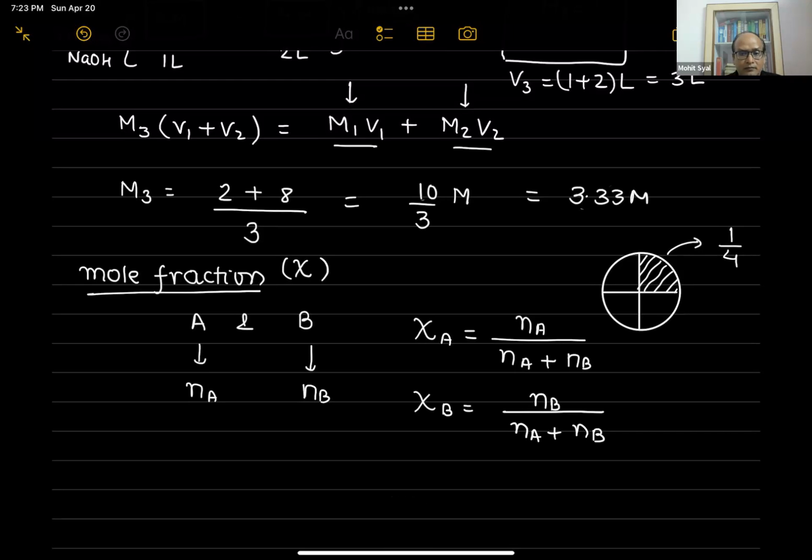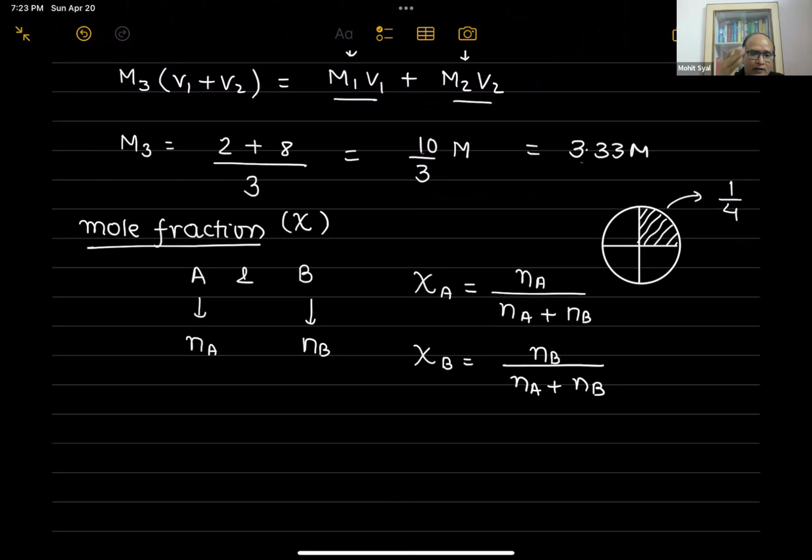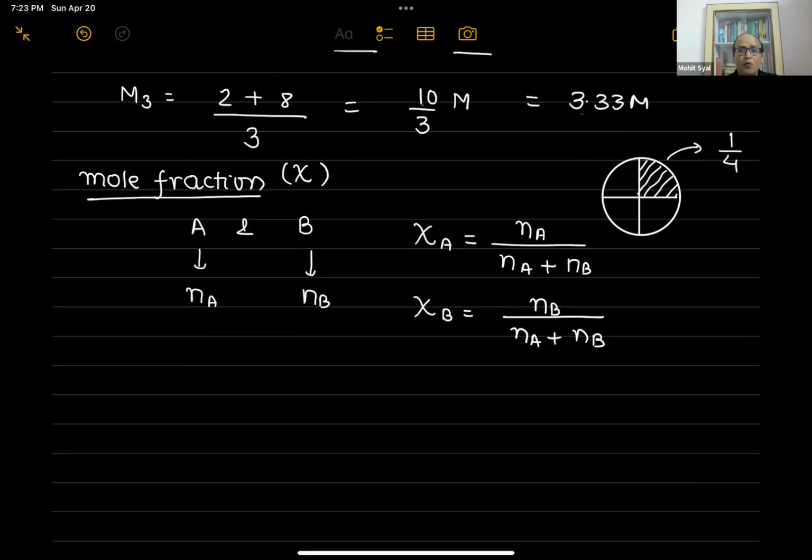got it? And suppose if you add all the fractions, what will be the result? Can you tell me? 1. Yeah. So the sum of the mole fractions of all the components should be equal to 1. That you must remember.